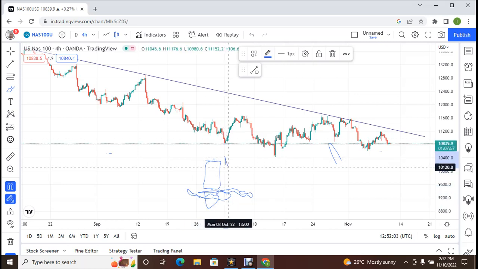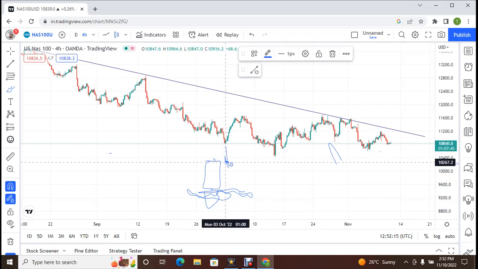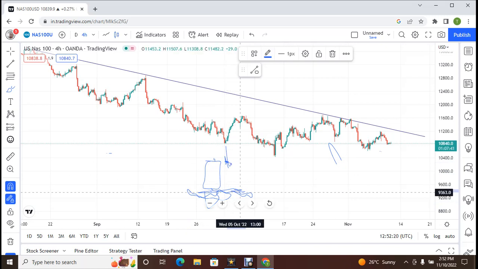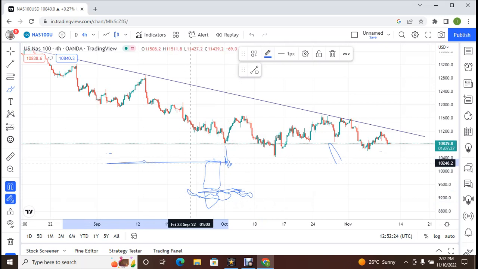It will probably give you a doji somewhere here. When you see the doji or a pin bar, that is how the market is warning you that now we are going down to retest this area. You understand? Immediately when you see this, you close your trade.